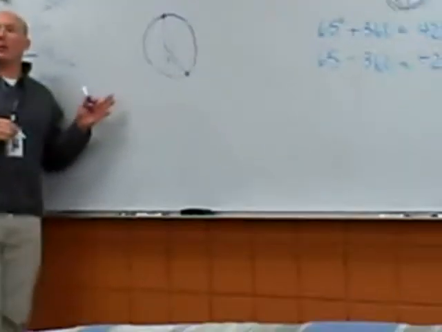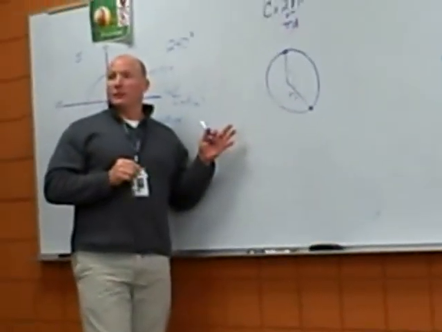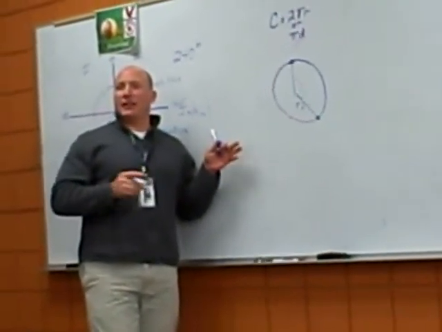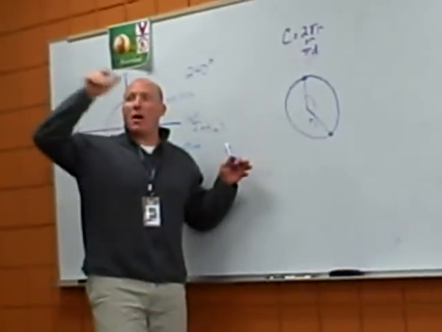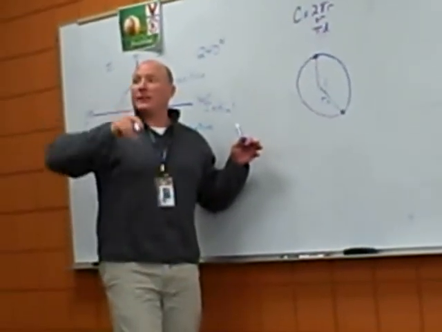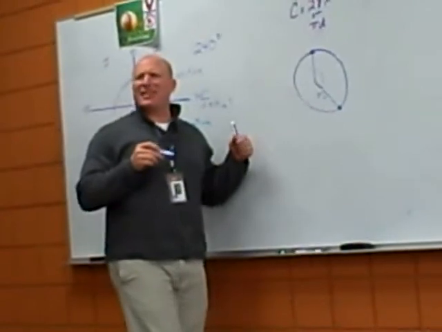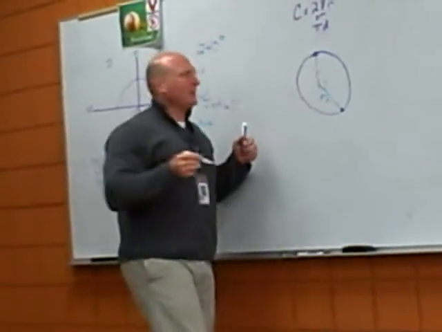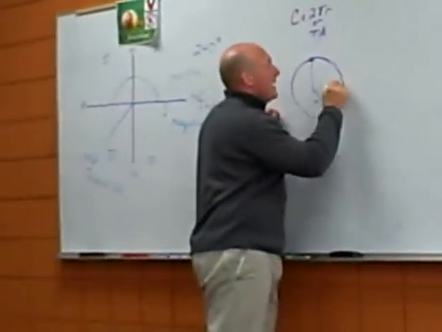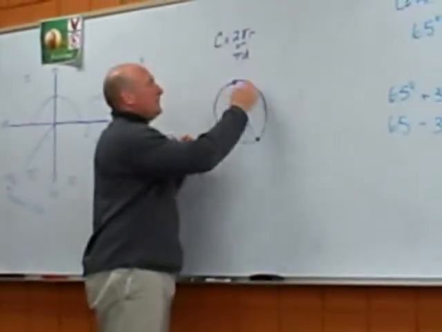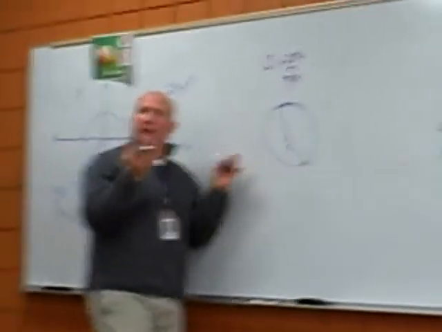Now, we are working with circles, correct? With circles, what must you have all your angles in? Not 360. Radians. So this is called an arc length. It's the length and it's an arc.